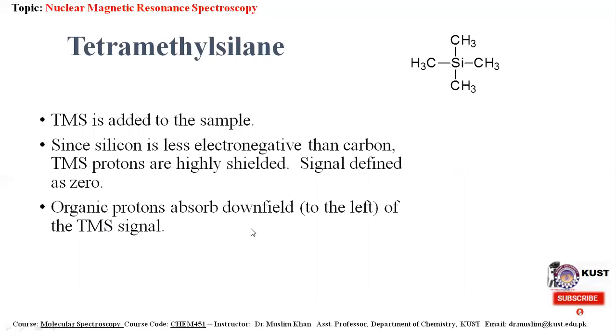All our other organic protons absorb downfield, to the left of the TMS signal. When the shielding is decreasing, the signal moves more towards the downfield of the spectra. So TMS, tetramethylsilane, is considered the standard for the NMR spectrometer.